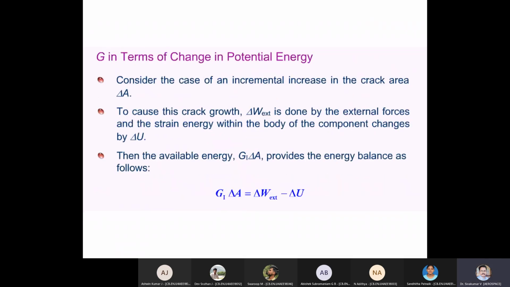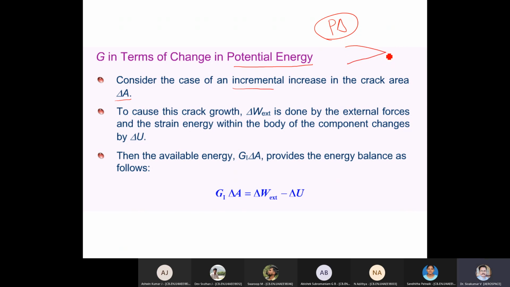Now, G in terms of change in potential energy. Energy release rate G in terms of change in potential energy. Potential energy is P into delta. Let us consider the case of an incremental increase in the crack area delta A. So this is my crack.